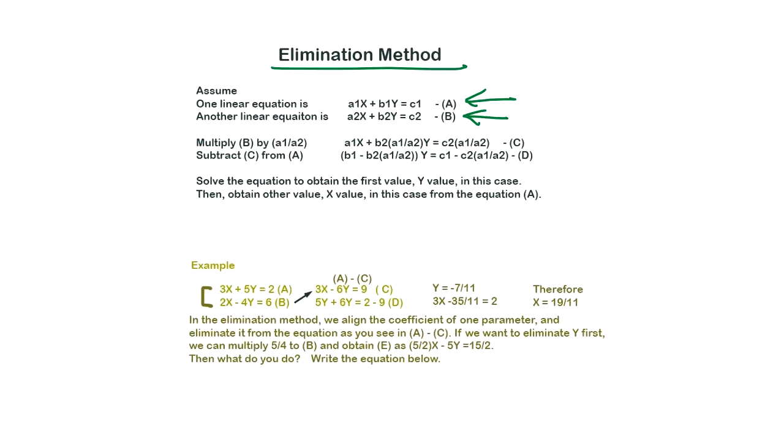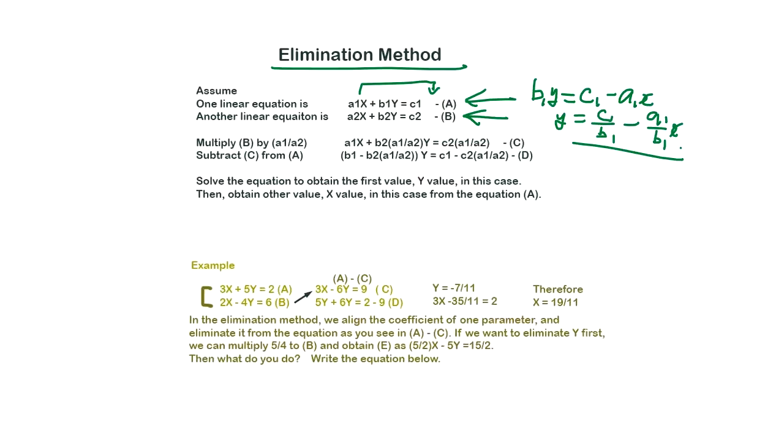To change to y equals, b1y equals c1 minus a1x, right? Because you move this over here. And then y equals c1 over b1 minus a1 over b1 times x. Here you go. Then you can use the substitution method.